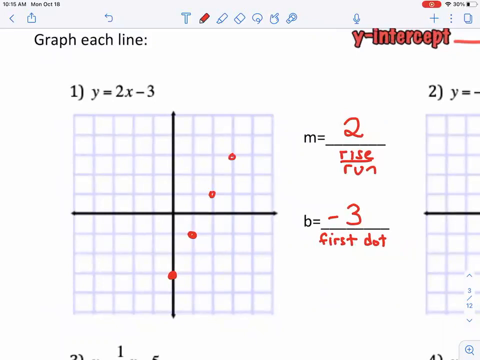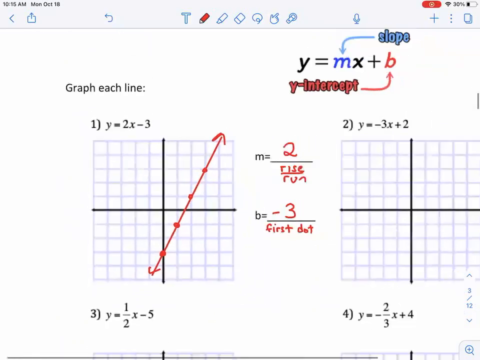And usually 3 or 4 dots is plenty. You really only need 2, right? 2 points to determine a line. But I'm going to draw my line through there, and that is our graph. There's our line.